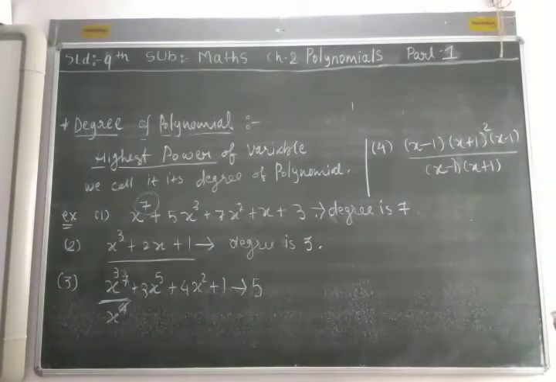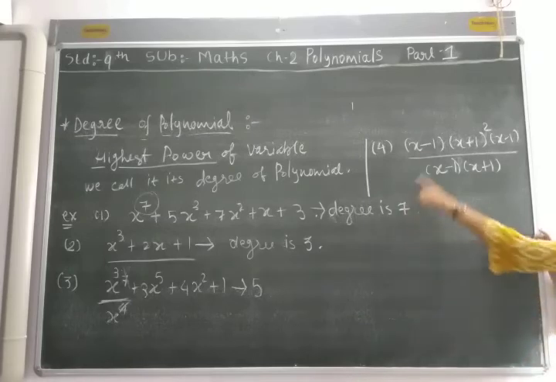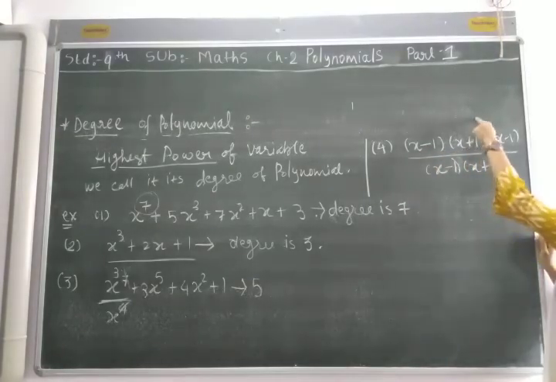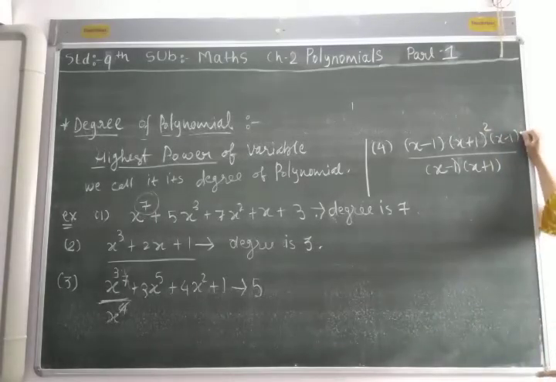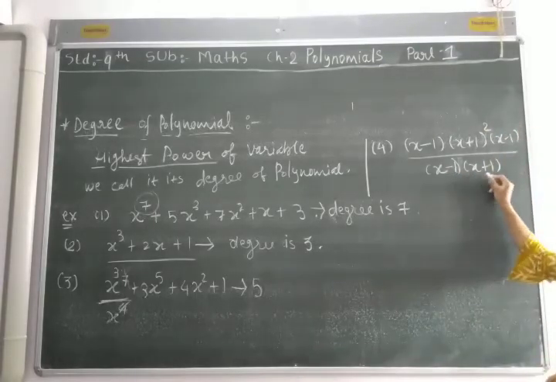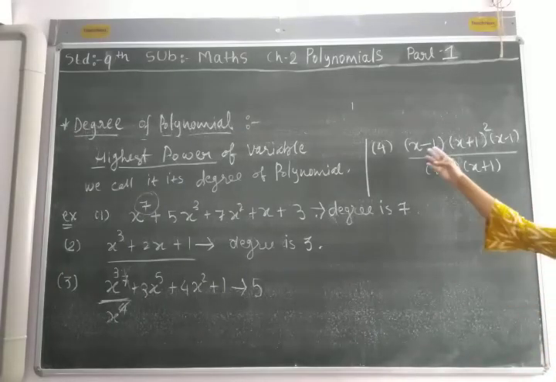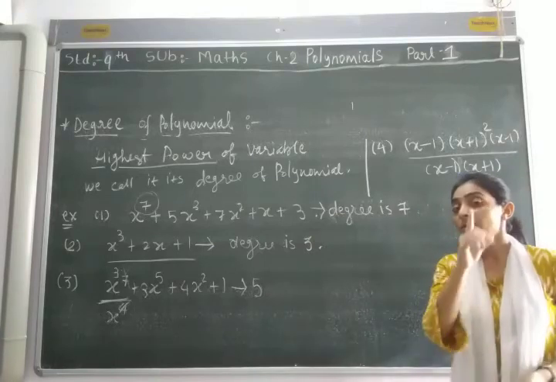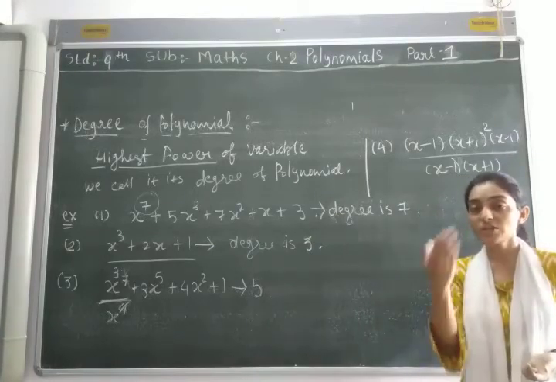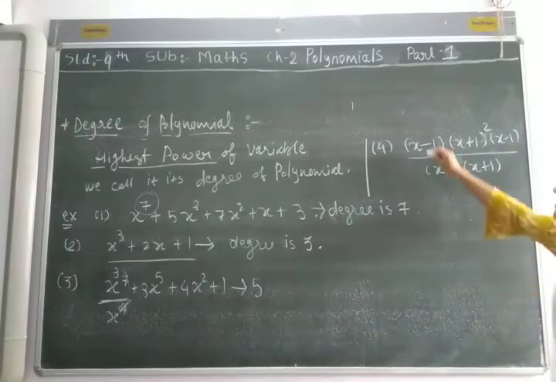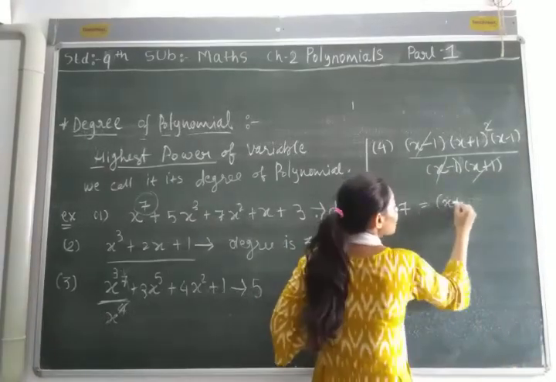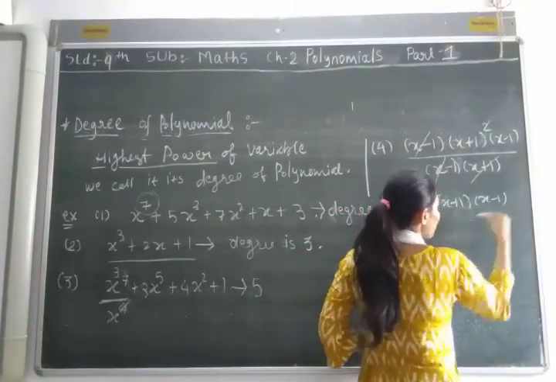So much of a question. Does x contain only one power? No. First we simplify and then check. So x minus 1 cancels, and what remains is x plus 1 and x minus 1 in the numerator.